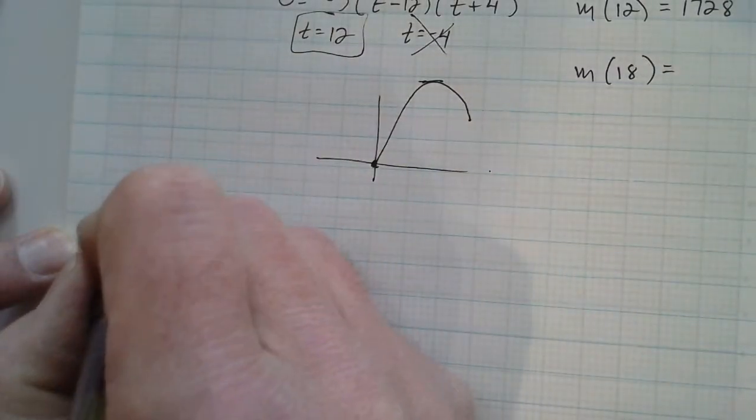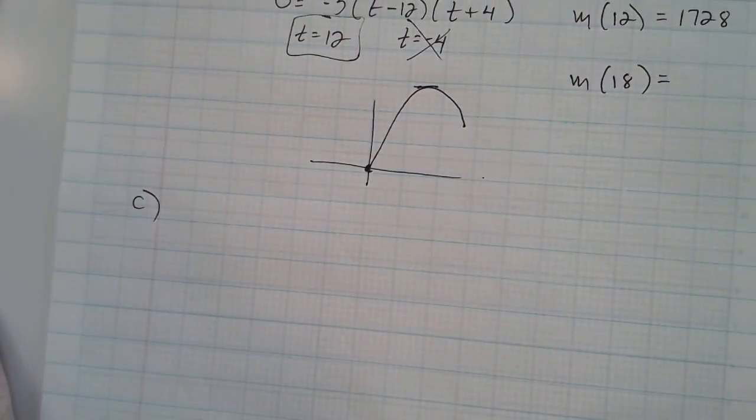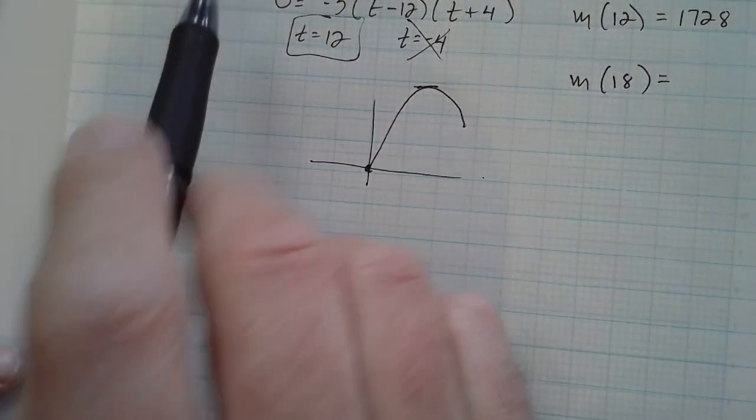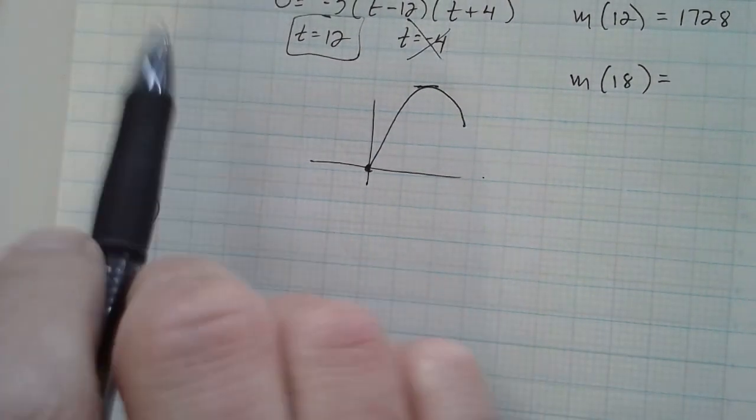Part C. For what values of t is the rate of change of the number of mosquitoes in the field increasing? Okay, the rate of change of the number of mosquitoes. Where is that increasing? We want to know when the rate of change is increasing.